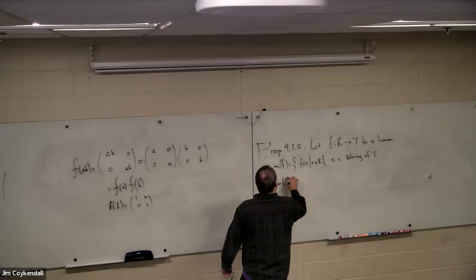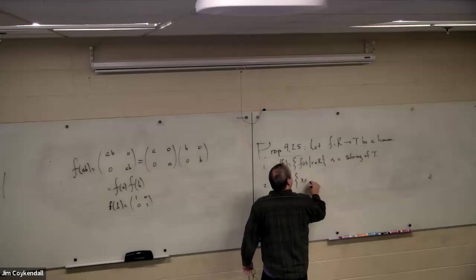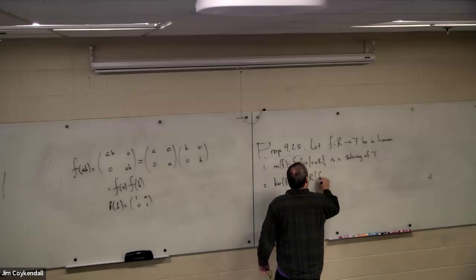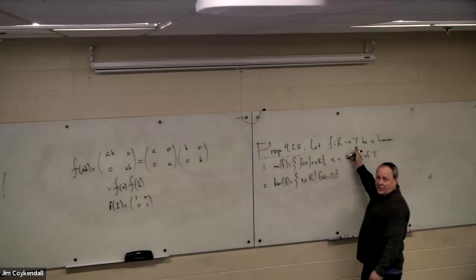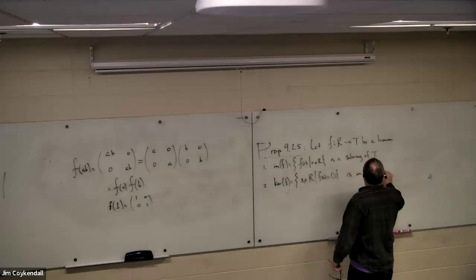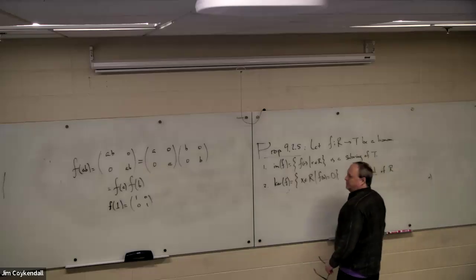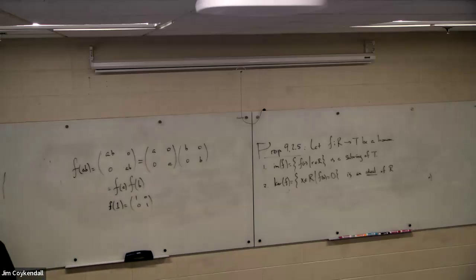And here is another big player: the kernel of that, which is all the X in R such that F of X is zero, the zero element of T, is an ideal of R. So check those things out, and we will talk more about this.